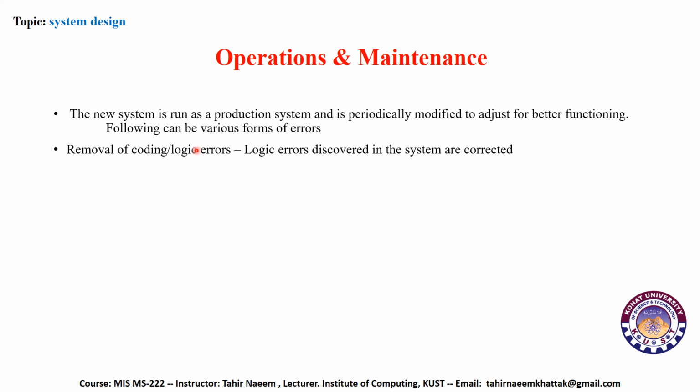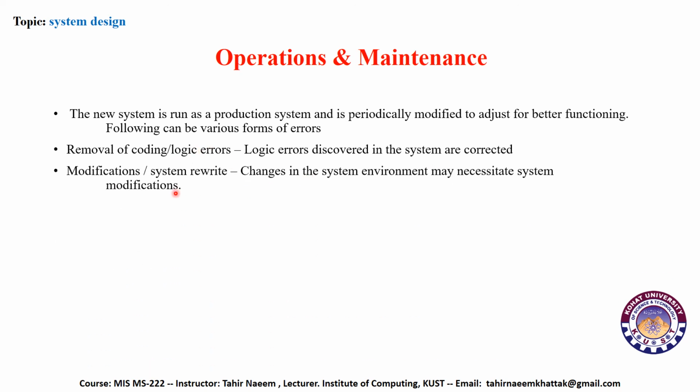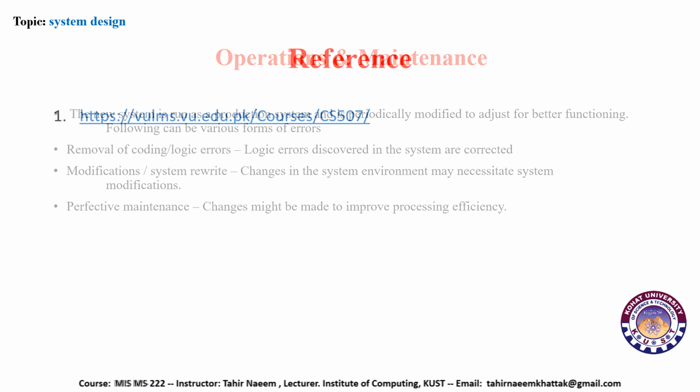So if there are errors in the logic, they must be discovered and corrected. Modification, system rewrite. If there is a need for changes in the system, then they must be performed. Perfective maintenance. Changes might be made to improve processing efficiency. So maybe some changes must be made to improve the efficiency of the system.